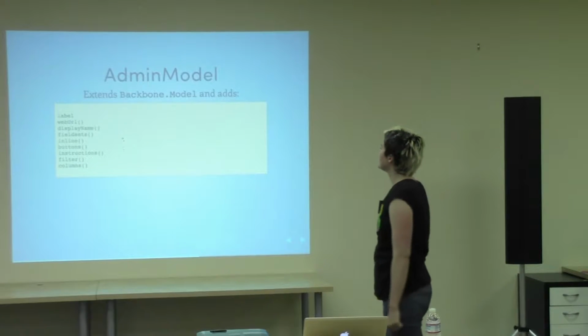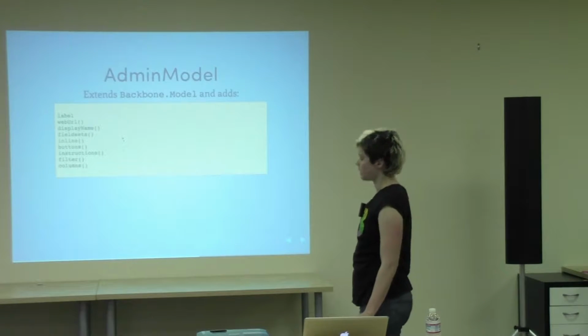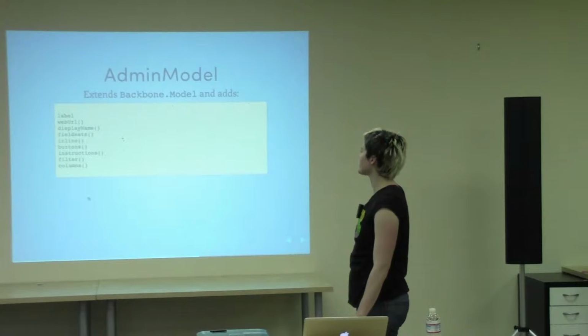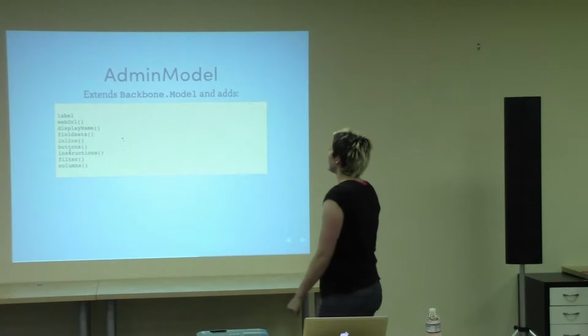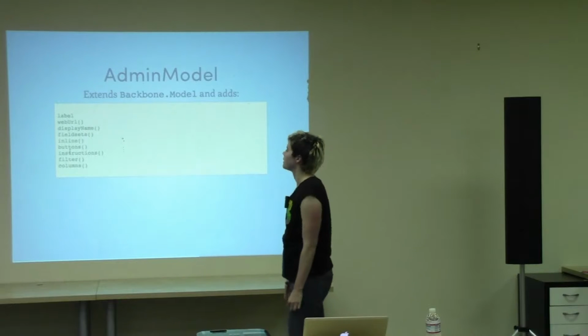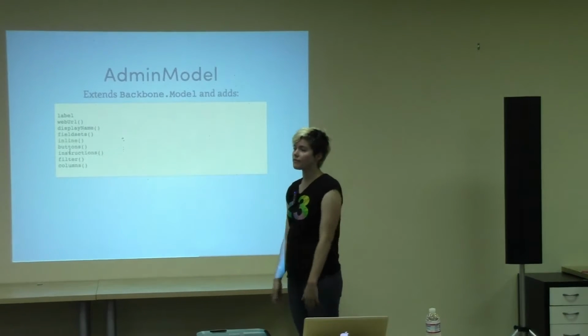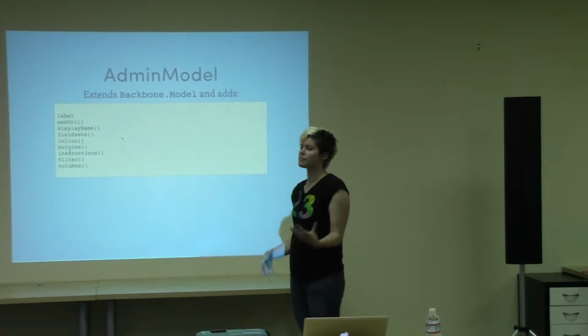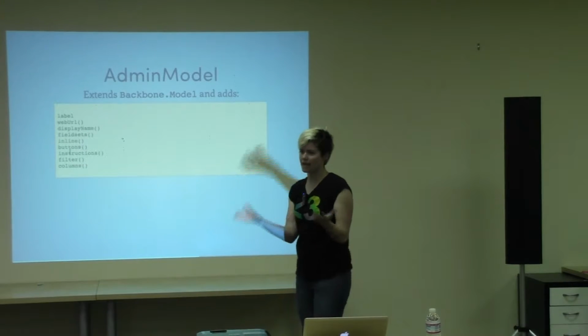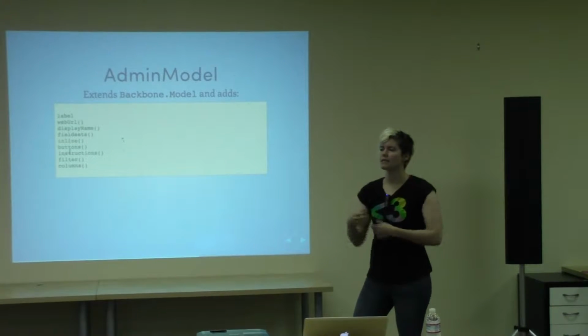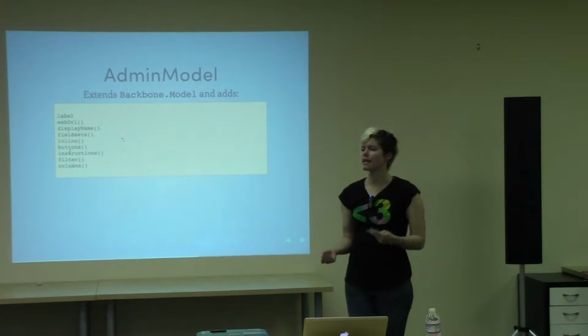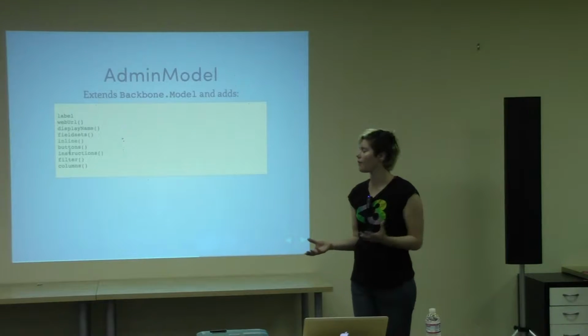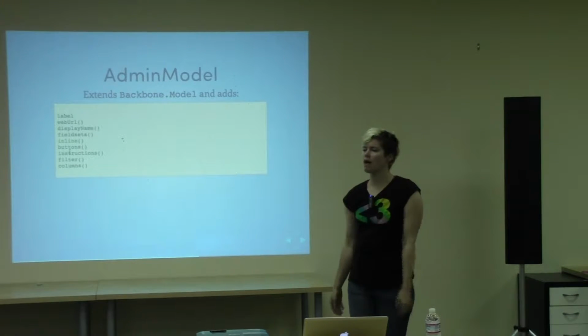So admin model extends Backbone model and then adds all these other functions. These are really just things that help me figure out how to create a form for a model, because my goal was to easily create forms to edit different models, and if somebody suddenly wanted to edit something else in our database, I wouldn't have to reinvent the whole thing. I could just define the model and it would just work.